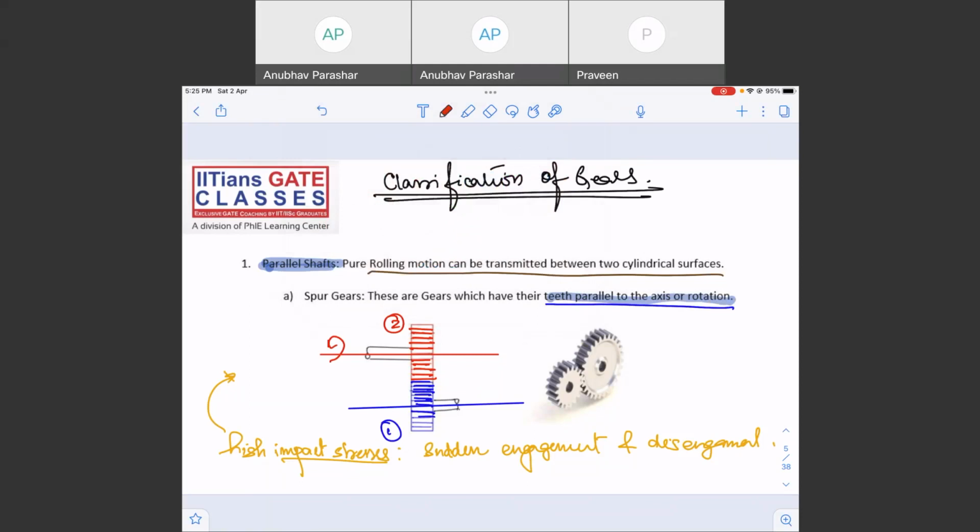And because of these impact stresses, the gear teeth fail very easily, very frequently. So spur gears are used only for low speed and low power transmission.